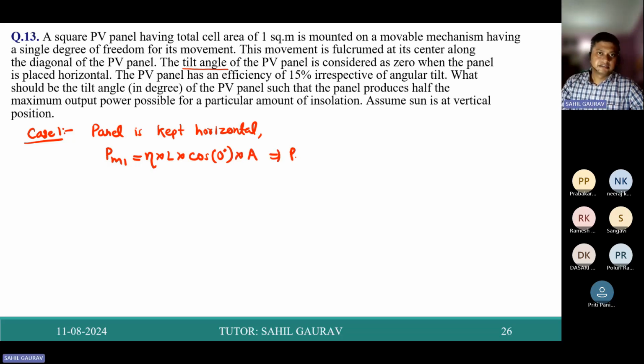So PM1 is efficiency into L into A. And in case 2, the panel is kept at an angle of A.